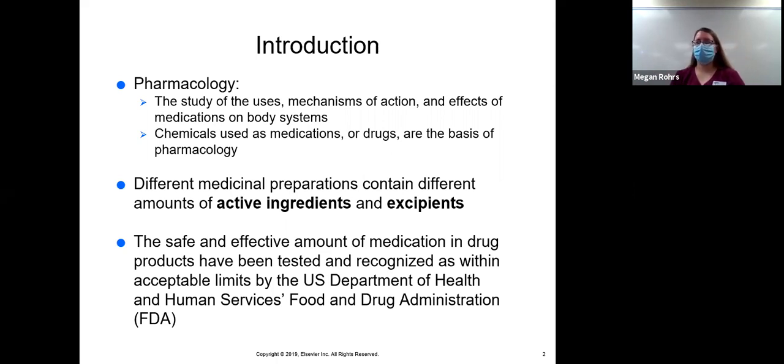What are some other examples? Flavoring, yeah. Sweeteners are really common, especially in syrups, medications that have a really bad taste. Anything else we can think of? So a diluent, maybe sterile water or normal saline.